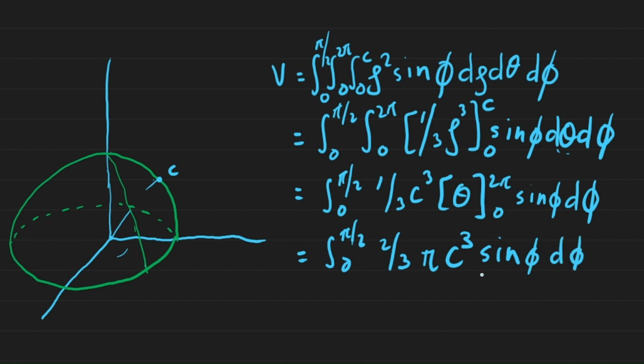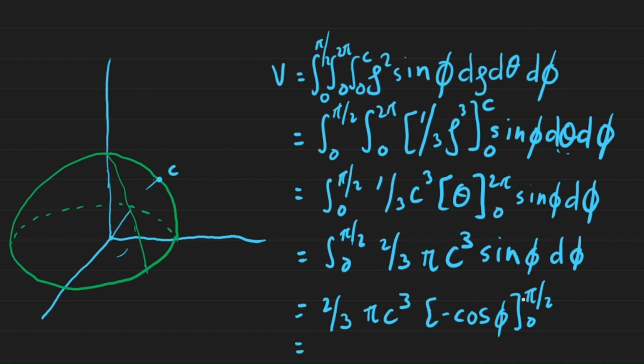So lastly, all we do is integrate sine of phi, and when we do that, the integral of sine is minus cos. So we have 2 over 3 pi c cubed times the integral of minus cos phi from 0 to pi over 2.